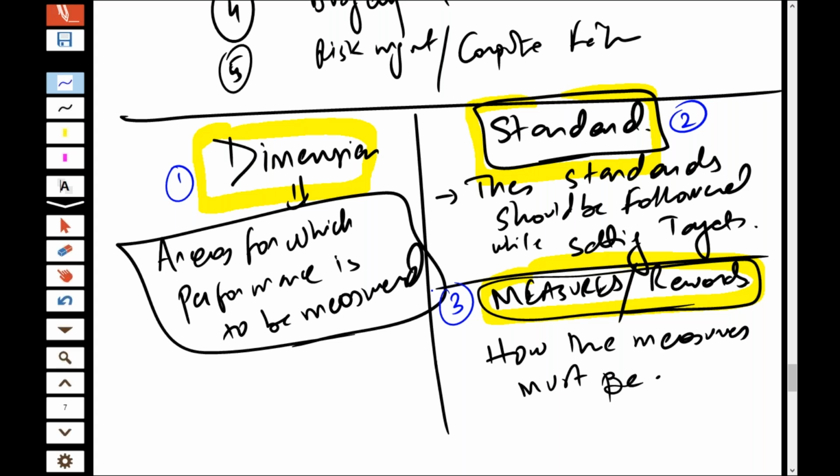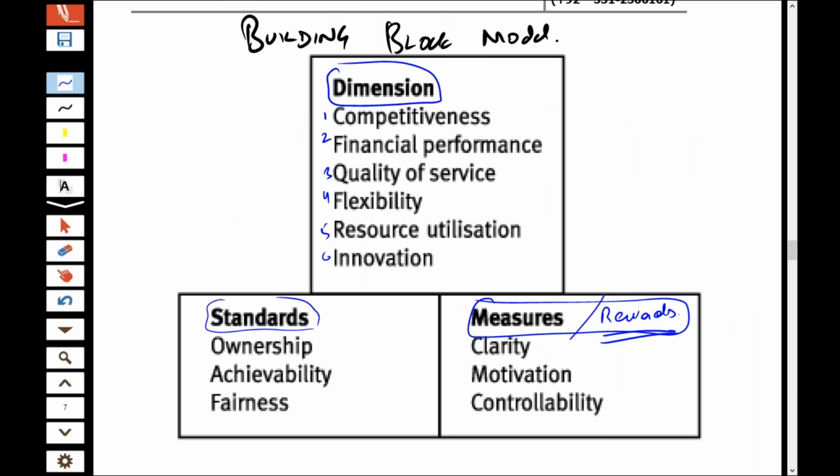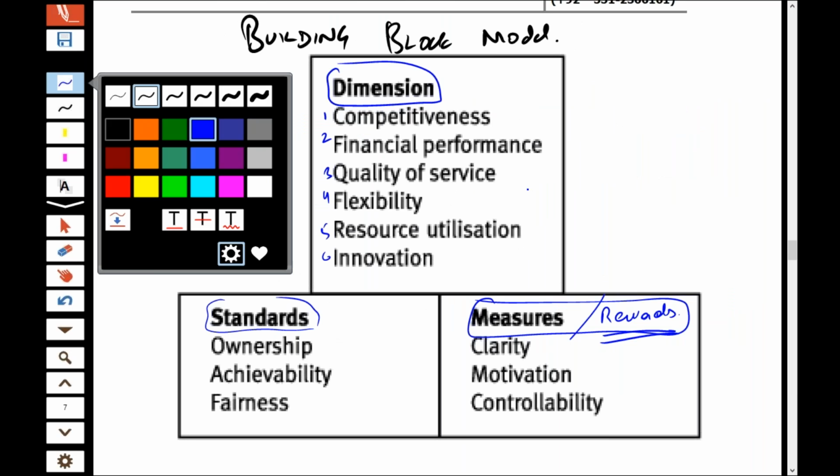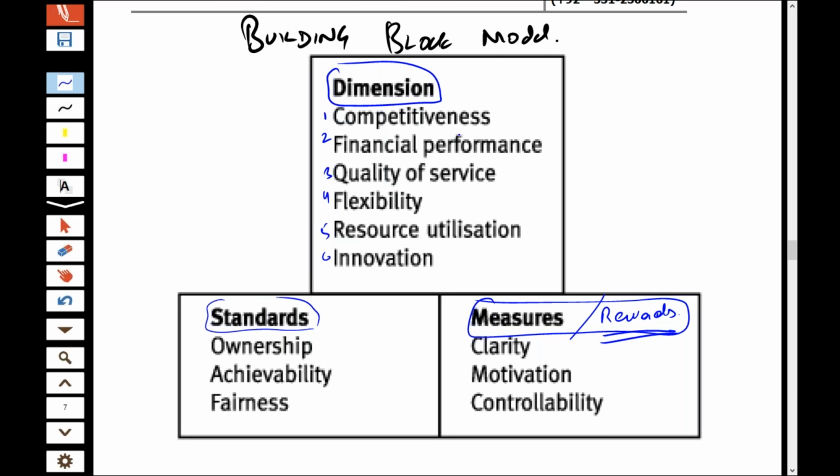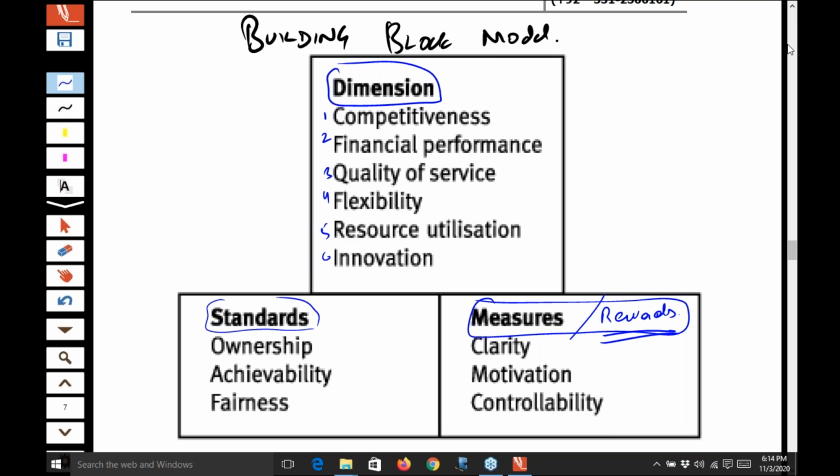Now, the first thing that you need to do with respect to the application of this building block model is to measure the performance using these 6 dimensions.